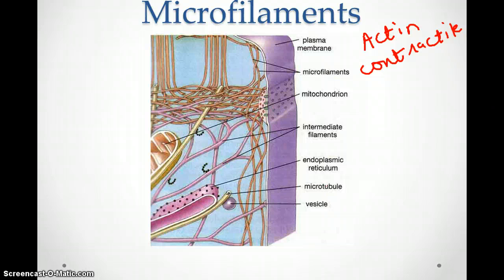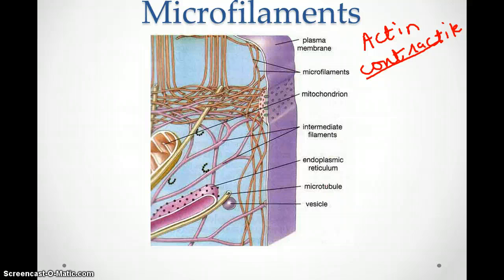The word contract, meaning, for example, if we look at our bicep and we squeeze our bicep, it will flex, and then when we release, it will loosen up again. That is exactly what actin is.